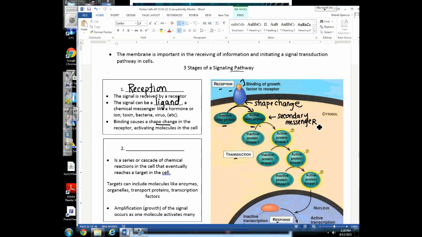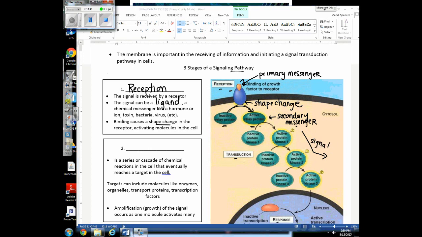So we had a primary messenger, which could be a toxin, could be a hormone, could be an ion, that is ultimately leading to the activation of this secondary messenger. From here, a signal seems to be spread out through the cell, from molecule to molecule. And that is what we mean by transduction, that the signal is being transduced from one molecule to the next.